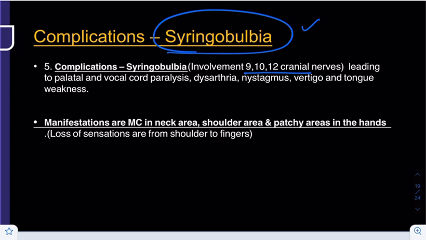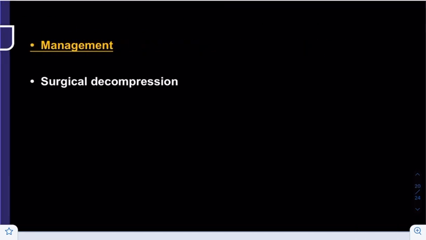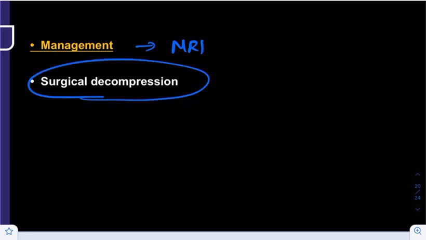So that will be the complication of syringomyelia. And how do you manage syringomyelia? The investigation of choice will be MRI, and the treatment is surgical decompression. And what exactly is the etiology of syringomyelia? The etiology is Arnold-Chiari malformation type 1.